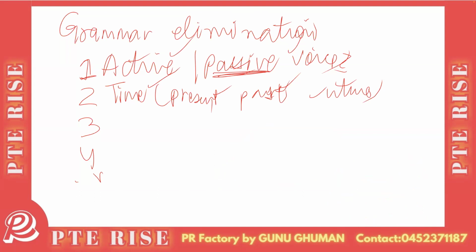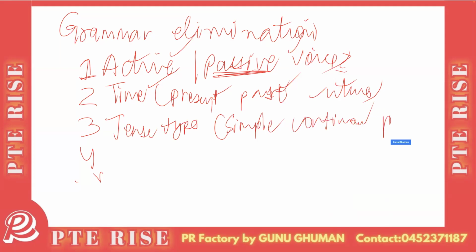The third thing is tense type. Tense type. What is that? Simple tense, continuous tense, or perfect tense. Now, how would you know that? Simple tense is am, are, was, were, or will.